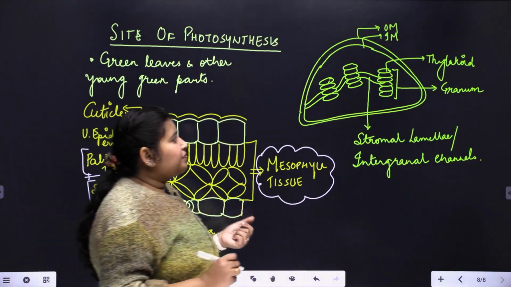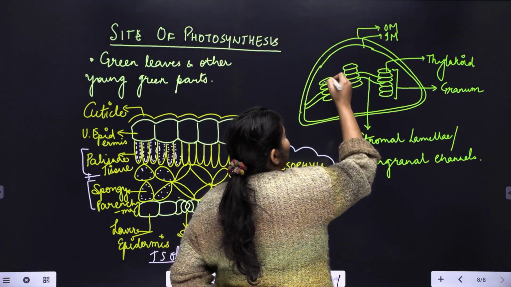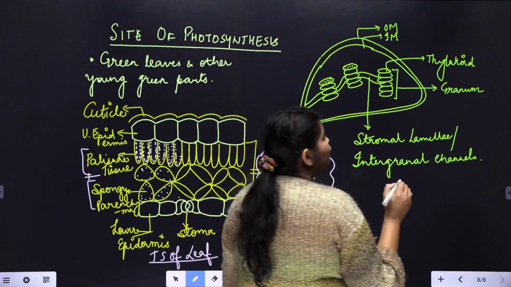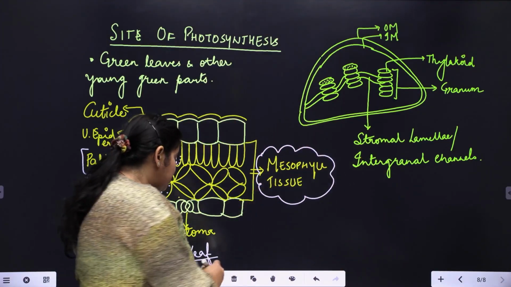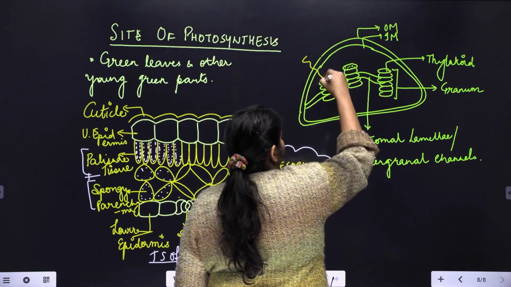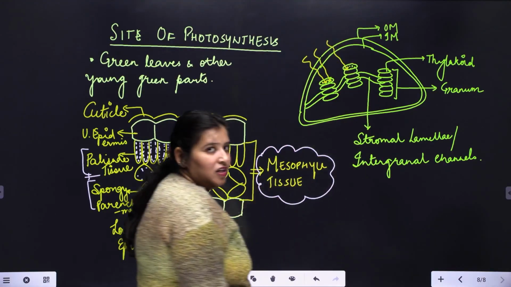All right. Now, these thylakoids on their surface have chlorophyll pigment, and this chlorophyll pigment is responsible for trapping all the solar energy. This is how it works.